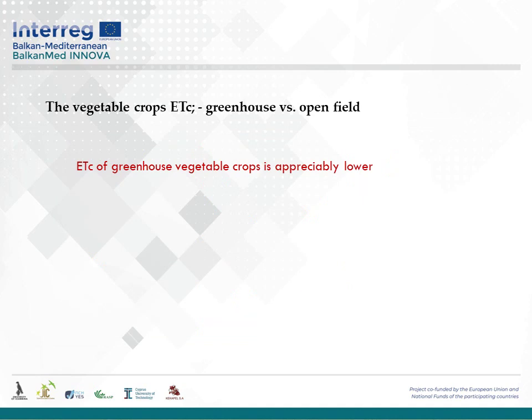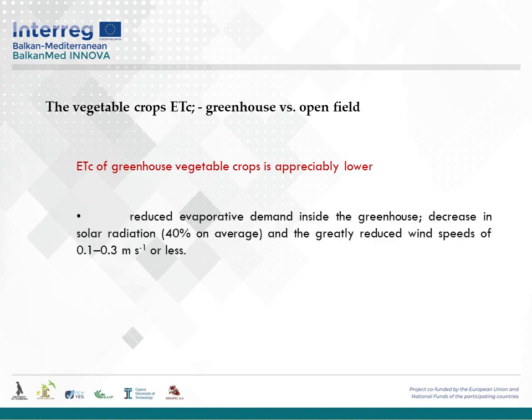Compared with equivalent vegetable crops grown outdoors with irrigation, open field irrigated vegetable crops, the seasonal evapotranspiration of greenhouse vegetable crops is appreciably lower, and this is due to several factors.